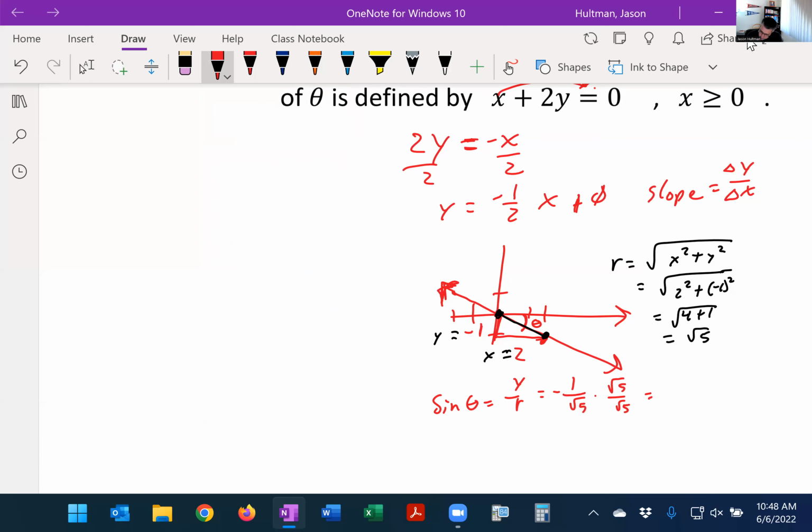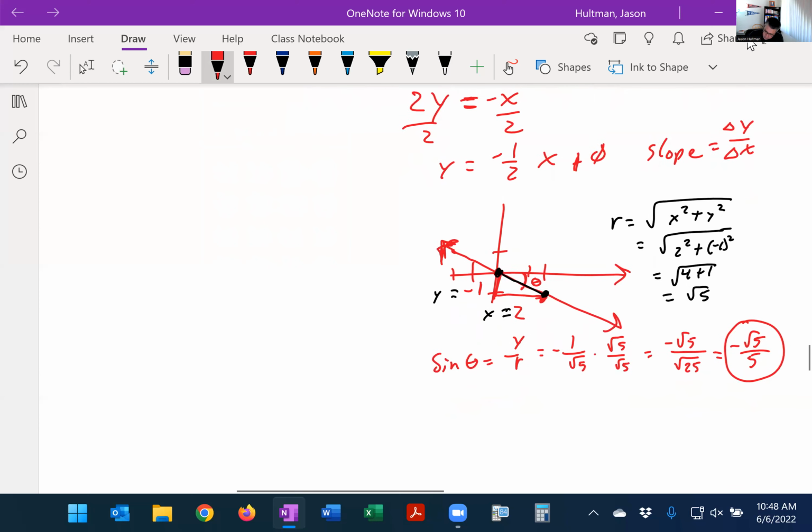That equals negative radical 5 over radical 25, which is just 5. So this becomes negative radical 5 over 5. That's the sine of theta.